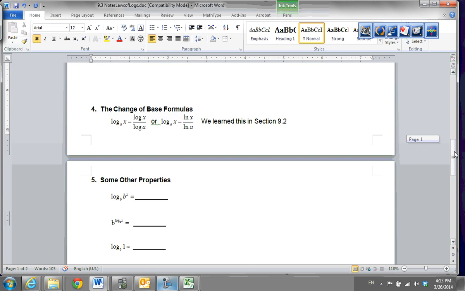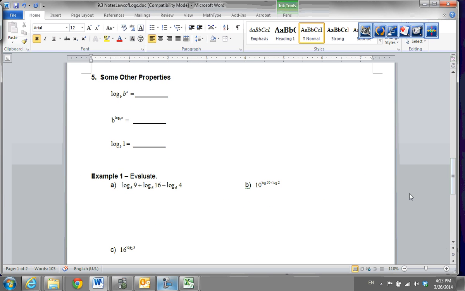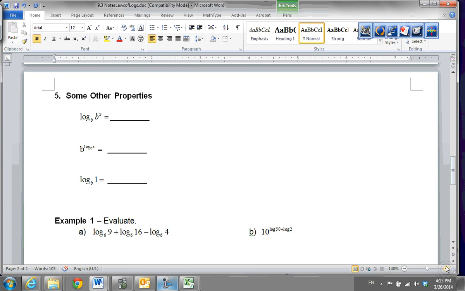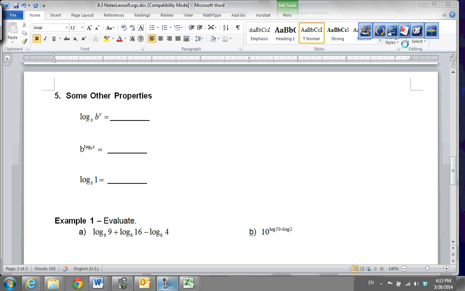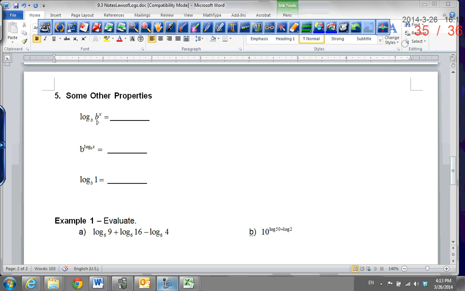Our next 3 and our last 3 are very important, even though they're very simple. So our first one, all this junk cancels out and it's just x, because we're saying b to what power makes b to the x. Obviously our question mark has to be x. Our second one, once again, all this stuff cancels out and it's just x, kind of the same idea.